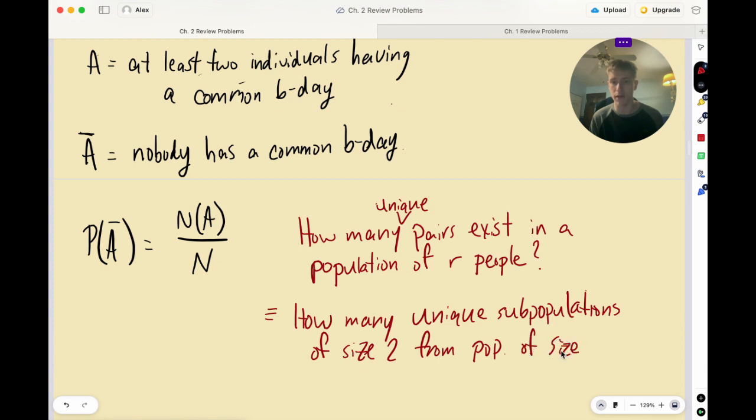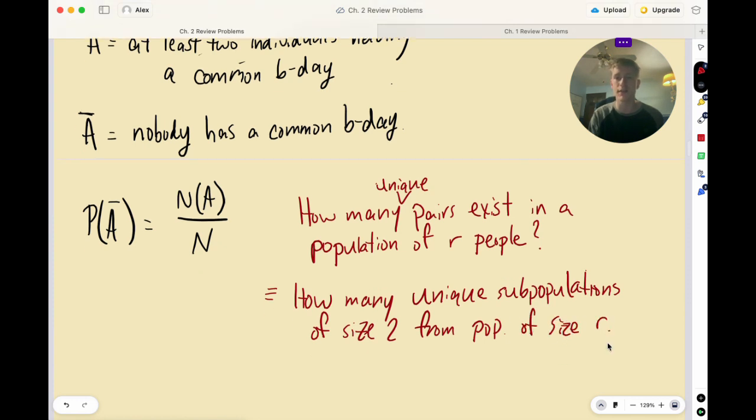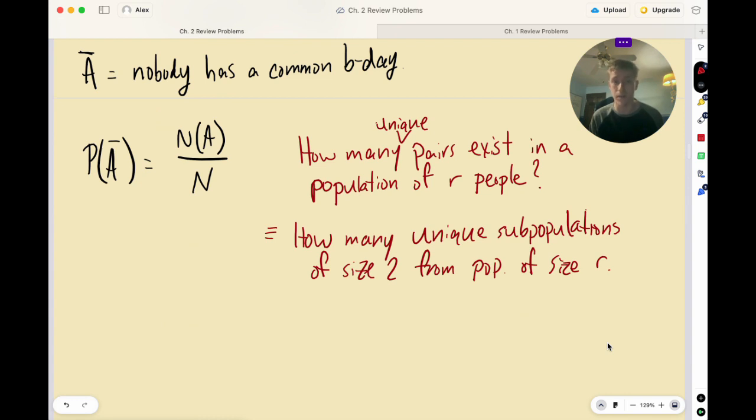You can watch one of my videos where I talk about combinations, and I can just write down the answer. So this is equal to R choose 2. Or another way of phrasing that is you take R people, and that's how many are available for the first person in the pair. And then out of that, there's going to be R minus 1 for the second person.